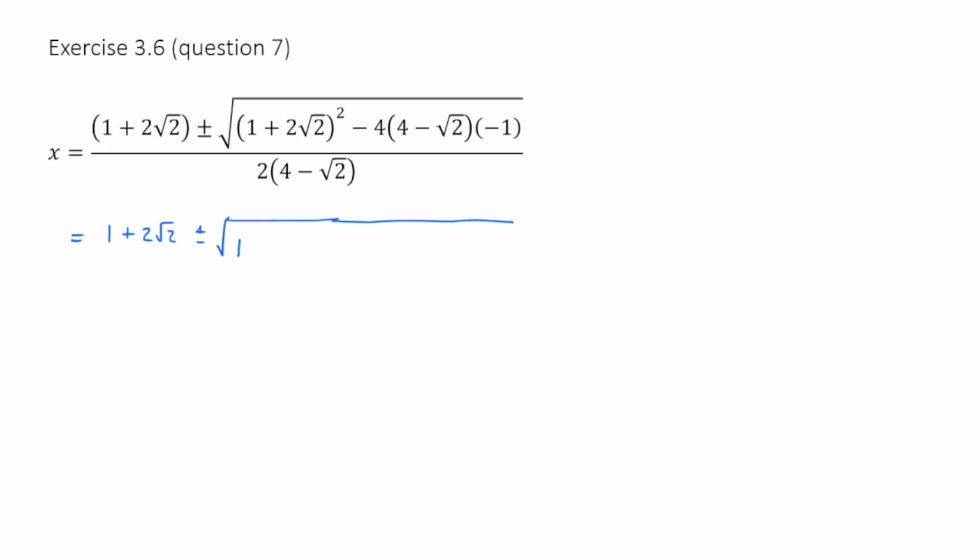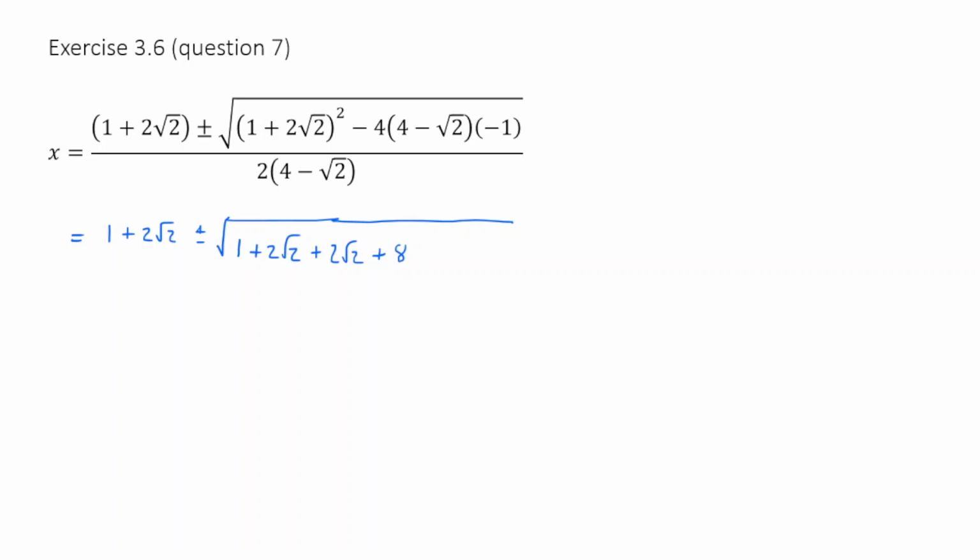Well, I'm going to get 1. 1 times 2 root 2 is 2 root 2. I'm going to have 2 root 2 times 1, so that's another 2 root 2. And 2 root 2 squared, I'm going to have 2 squared times 2, which is 8, because 2 times 2 is 4, root 2 times root 2 is 2, 4 times 2 is 8.